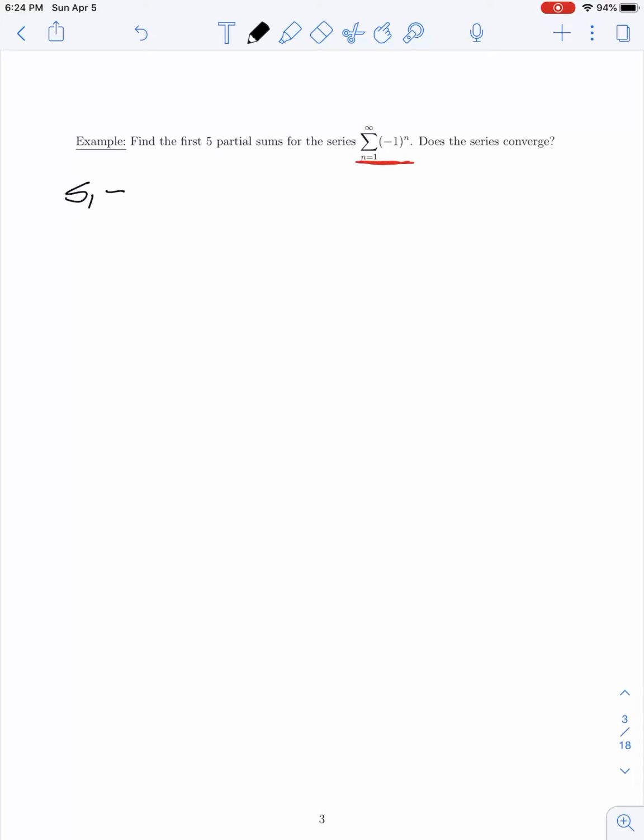Here, the first partial sum, S1, would be the first term of our series. So plugging in n equals 1, we have negative 1 to the first, or just negative 1. S2 would be the sum of the first 2 terms.